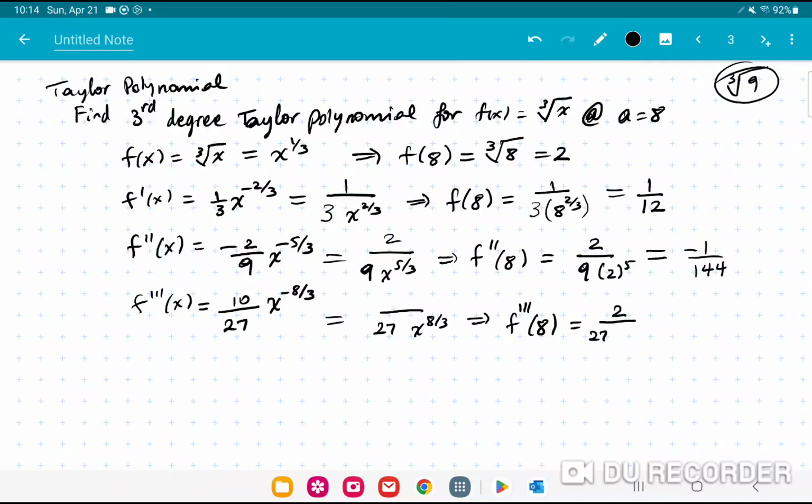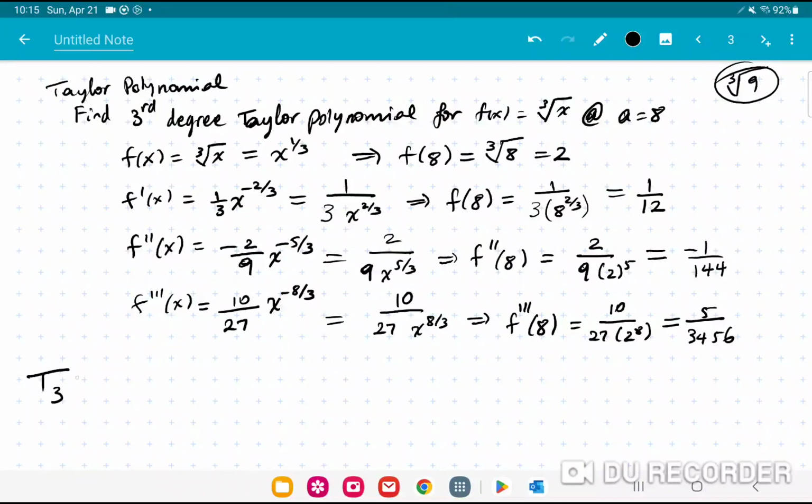Why did I put the 2? It's 10. 10/27 times 2 to the 8. And if you cancel out the 2, we end up getting 5/3456. Okay, so because they say third degree Taylor polynomial, we will stop here.